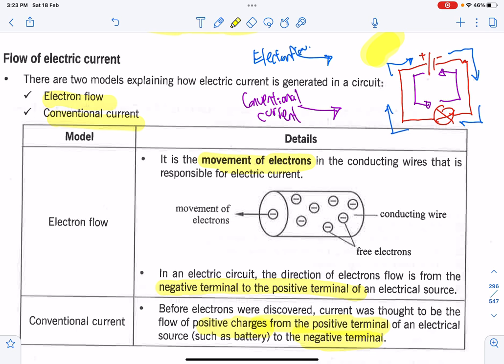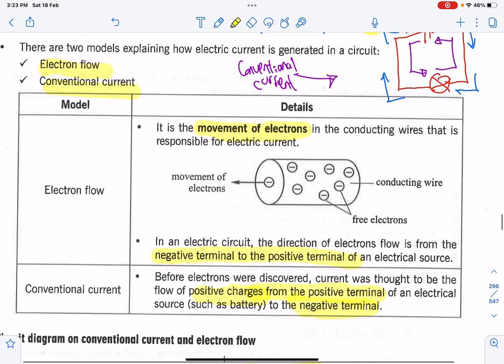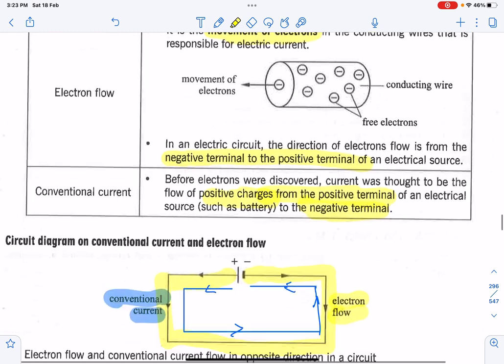So what is then electron flow? It is mainly the movement of electrons in your wires, and that will actually be responsible for carrying the electrical current. Whereas conventional current was discovered before electrons, and therefore it is a flow of the positive charge from the positive terminal of the source, the battery, to the negative terminal.